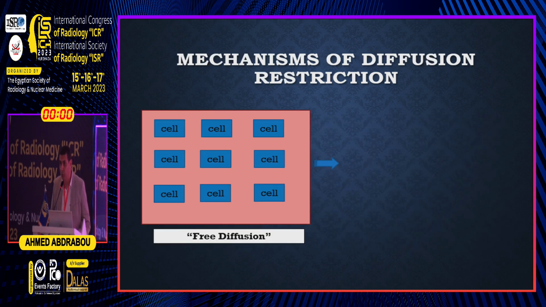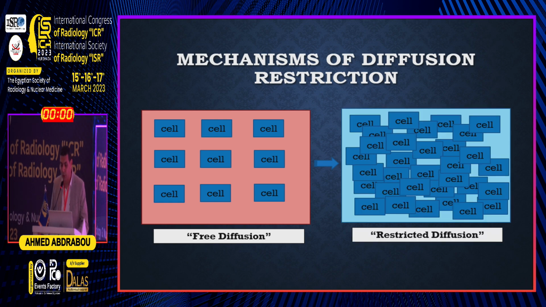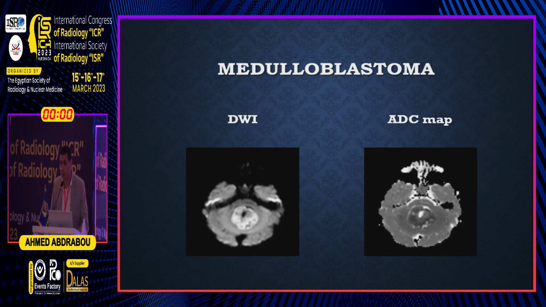The other mechanism of diffusion restriction is keeping the size of the cell as it is, but increasing the number of cells. So for example, you have the same size of cells, but they become many and many, so these many cells restrict the extracellular space and cause diffusion restriction. And this typically occurs with some tumors.